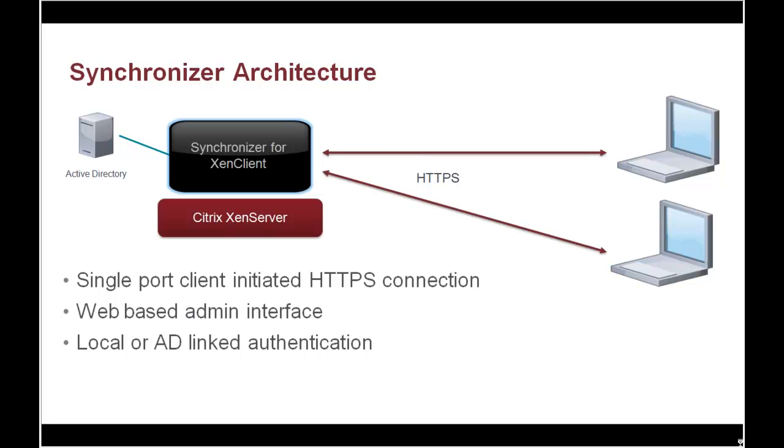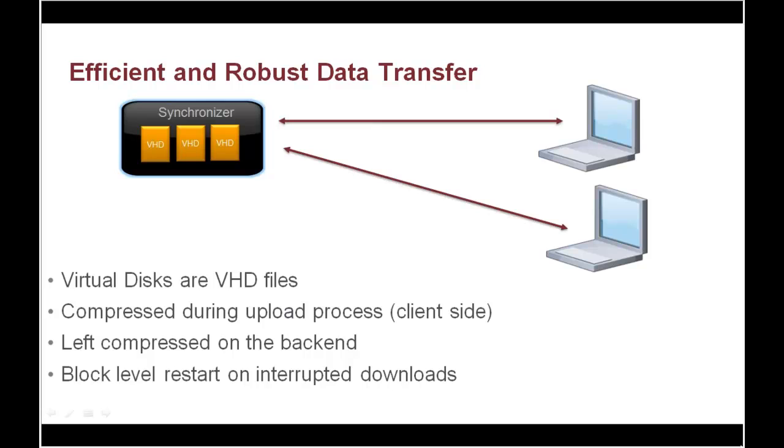And then we've spent a lot of time working to make sure that we have very efficient data transfer. Under the covers, we're using Microsoft virtual hard disk technology. It's basically files on disk that represent the virtual hard disks. To make sure that we're very efficient about data transfer, everything gets compressed during the upload process, and we use client CPU cycles for that as well.